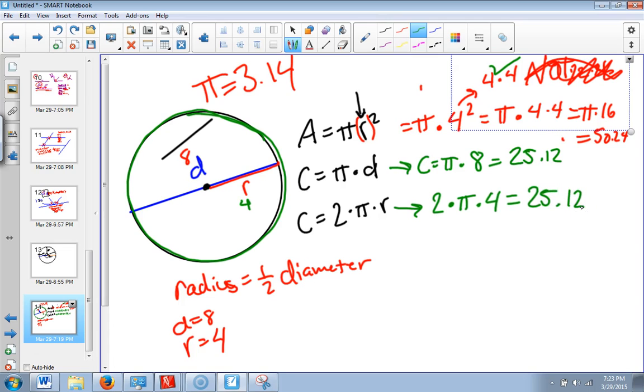So there's your circle. Now, let's say we only want half of the circle. It still has a radius of 4, right?